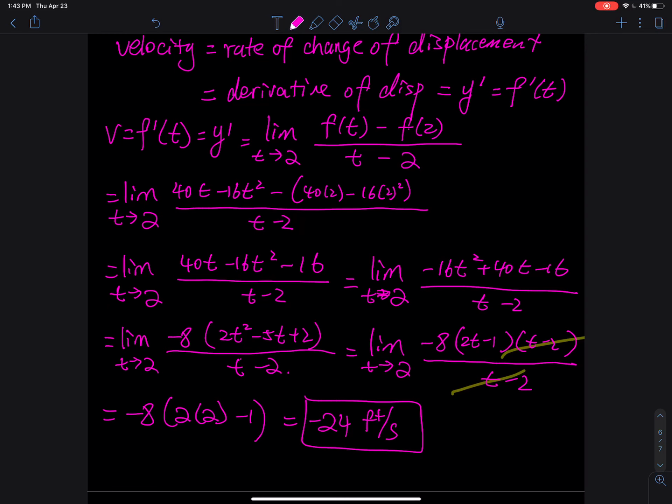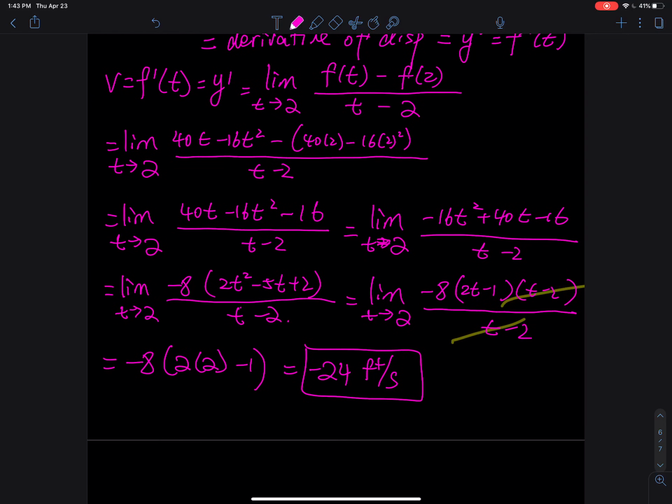So we can call this the instantaneous velocity. It is negative 24 feet per second at t equals 2. So we have a given function, right?